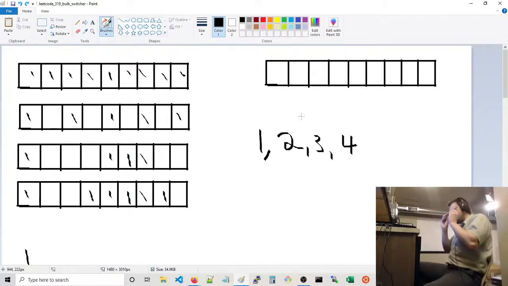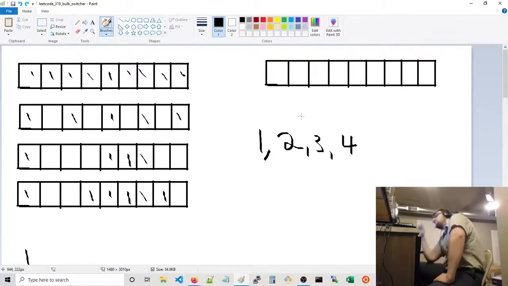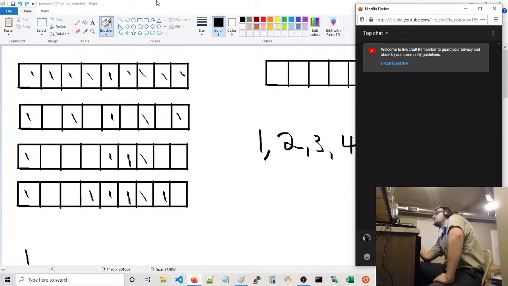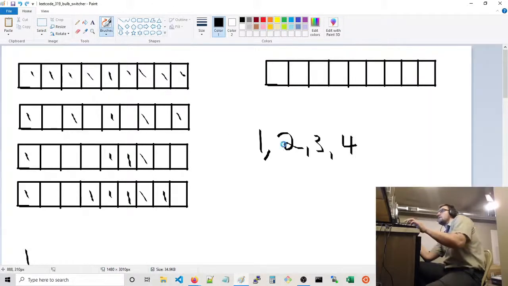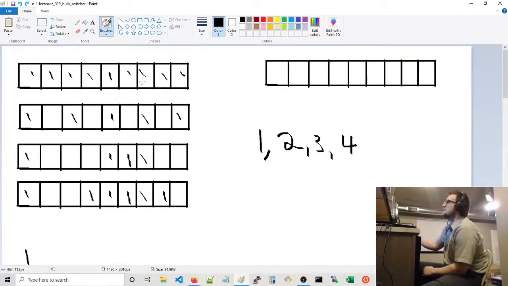But the question is, how do we, we basically want a closed form solution. So for 1 we got 9, all 9. For 2 we got 1, 2, 3, 4, 5.